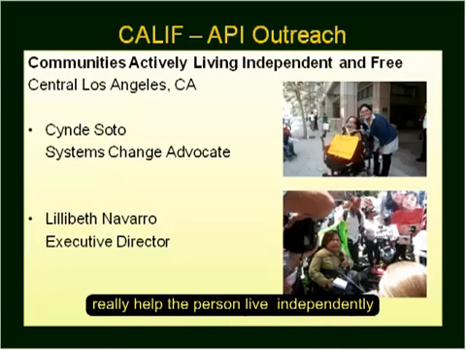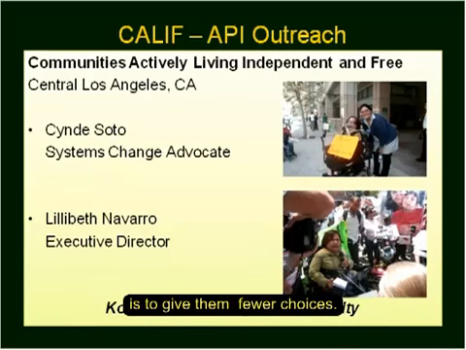So if you're going to help the person live independently, it's better to give them fewer choices, fewer options, because they will just look to you and say, you tell me the answer. So it's better to work on a smaller scale as far as options are concerned. That's what I have found.